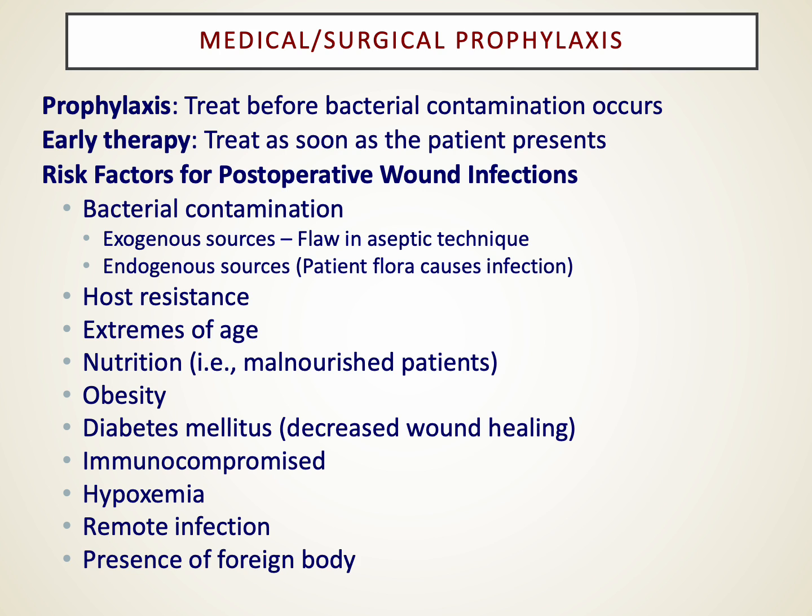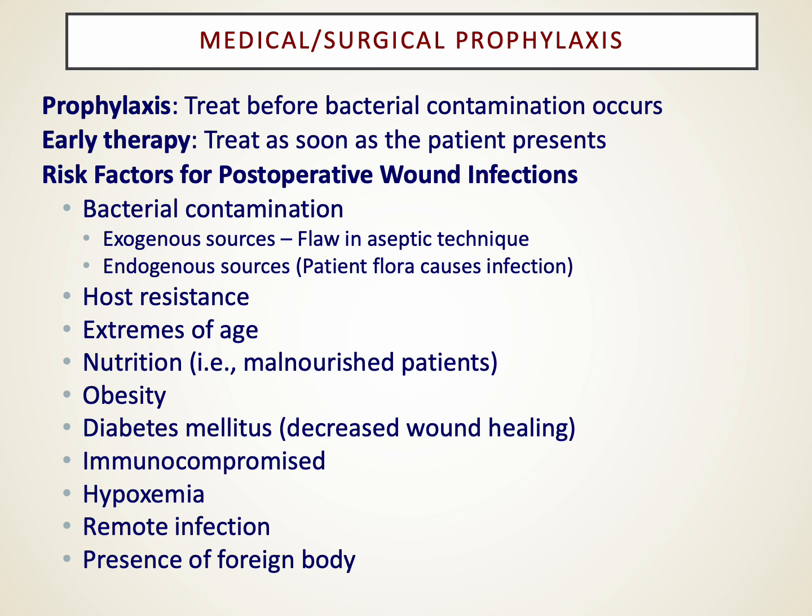And then we always worry about risks for postoperative wound infections and bacterial contamination. We are depending on what the exogenous or endogenous issue is. Is it patient flora because we've had trauma to their GI tract, maybe a below the diaphragm gunshot wound into the abdomen, for example, or whether there's some flawed technique happening.